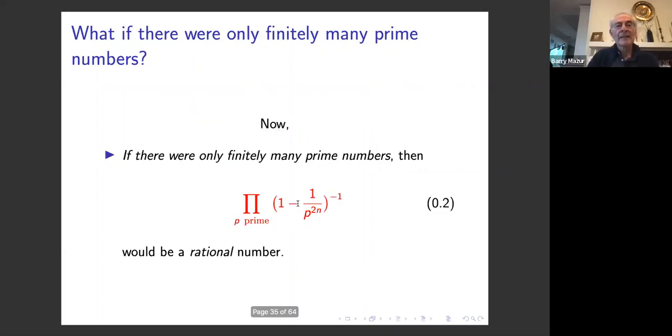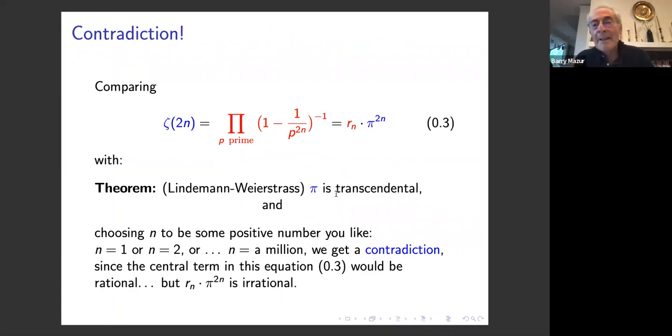Okay. So what if there were only finitely many prime numbers? Then this product over all primes would be a finite product of rational numbers, which would again be a rational number. So that's a contradiction, right?